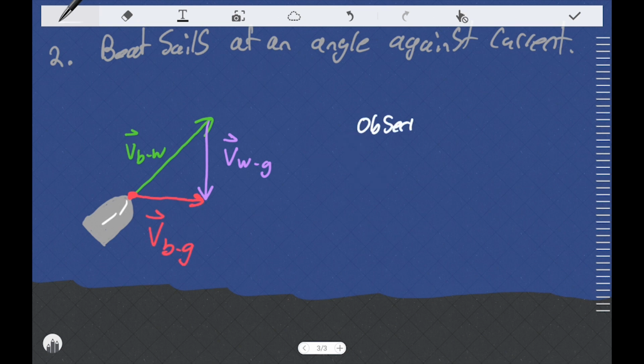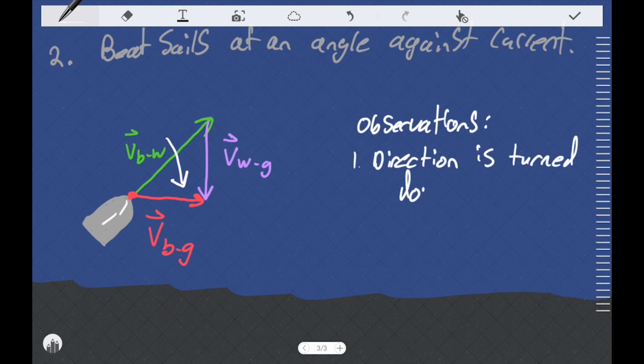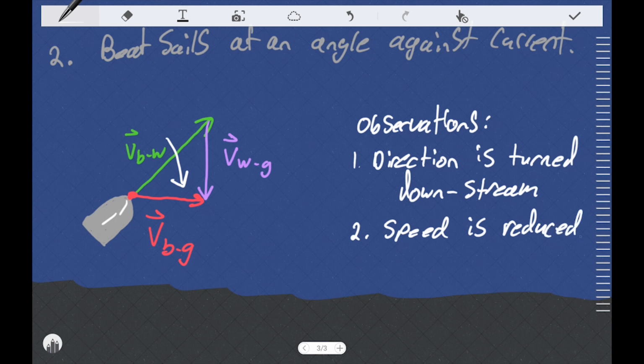A couple of observations that we can make here is that the direction of the red vector is turned downstream of the green vector. We'll also notice that the length of the red vector is shorter than the green vector, and this indicates that the speed of the boat again is reduced when we're sailing against the current.